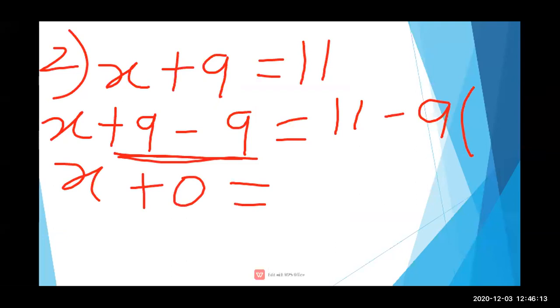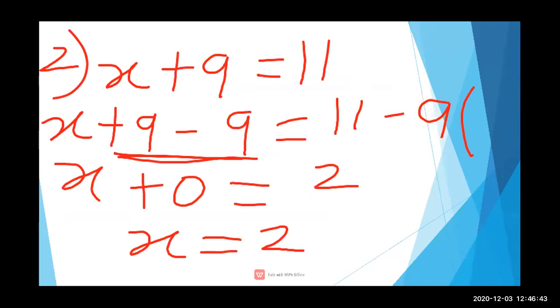Now 11 minus 9. 11 minus 9 is what? Yes, 11 minus 9 is 2. So here I will write 2. No sign, because 11 is the bigger number and the bigger number's sign is positive only. So my final answer is what? x equal to 2. x equal to 2.